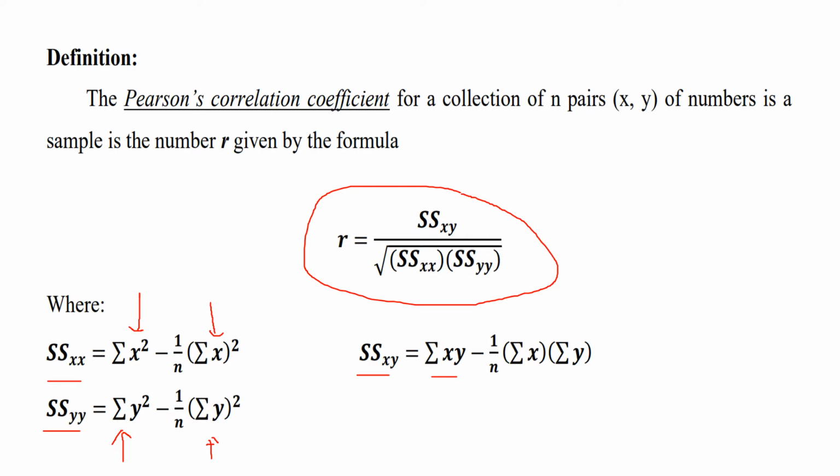So we simply use this Pearson's correlation coefficient to identify if there is an existing correlation between the two variables involved.